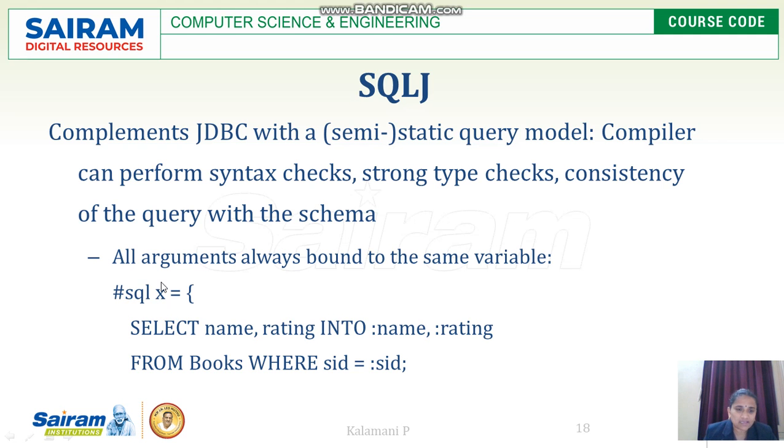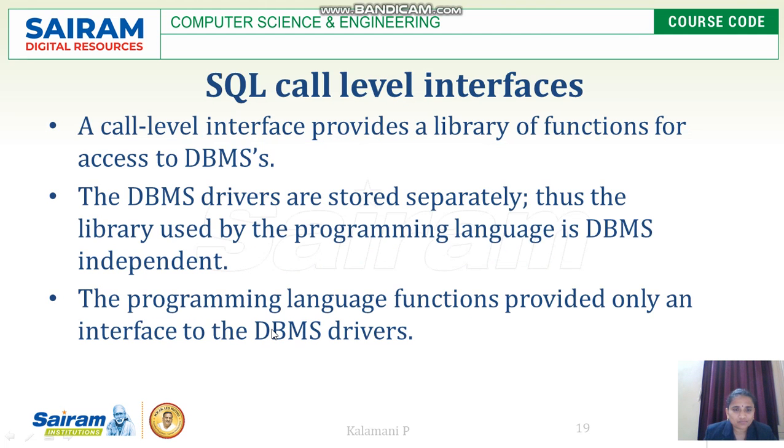We write it like this: #sql x = { SELECT name, rating INTO :info }. The variable is defined in the host language, and we use the colon to differentiate the database data from the host programming language.